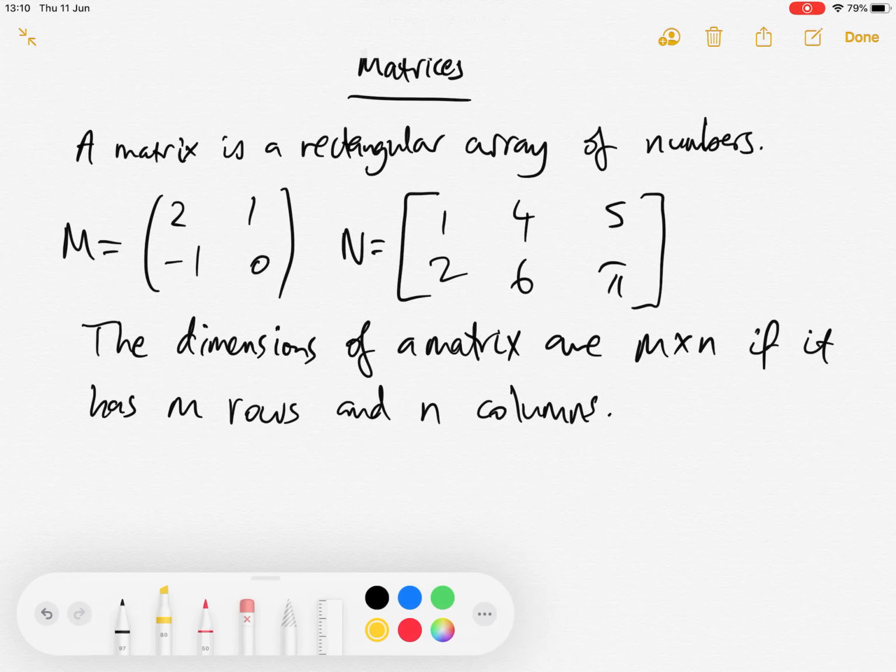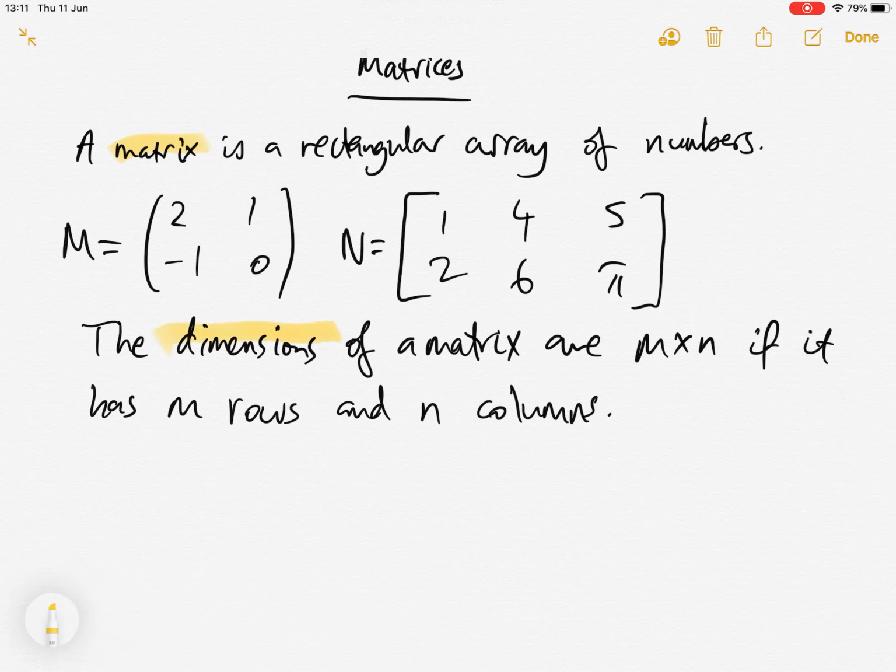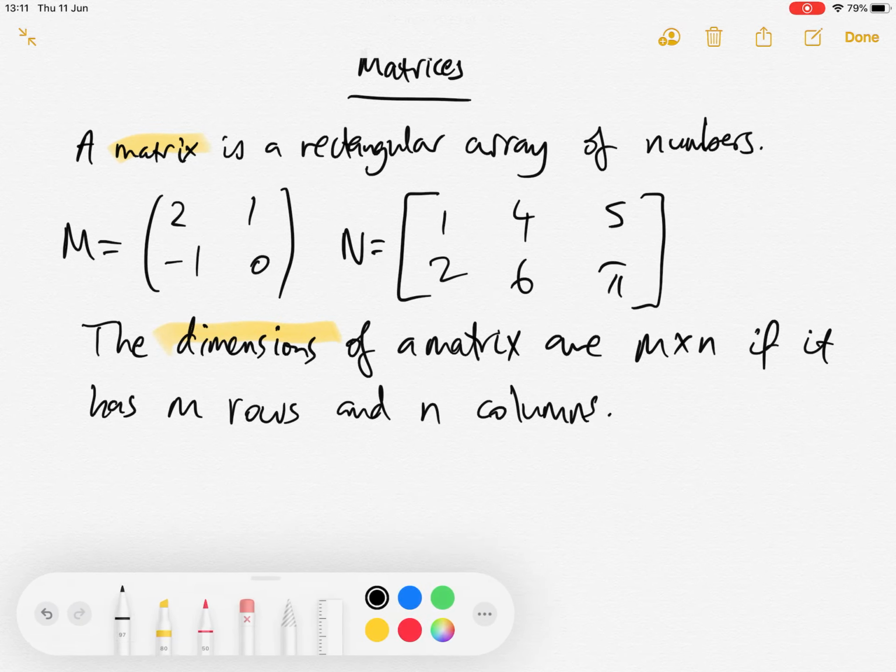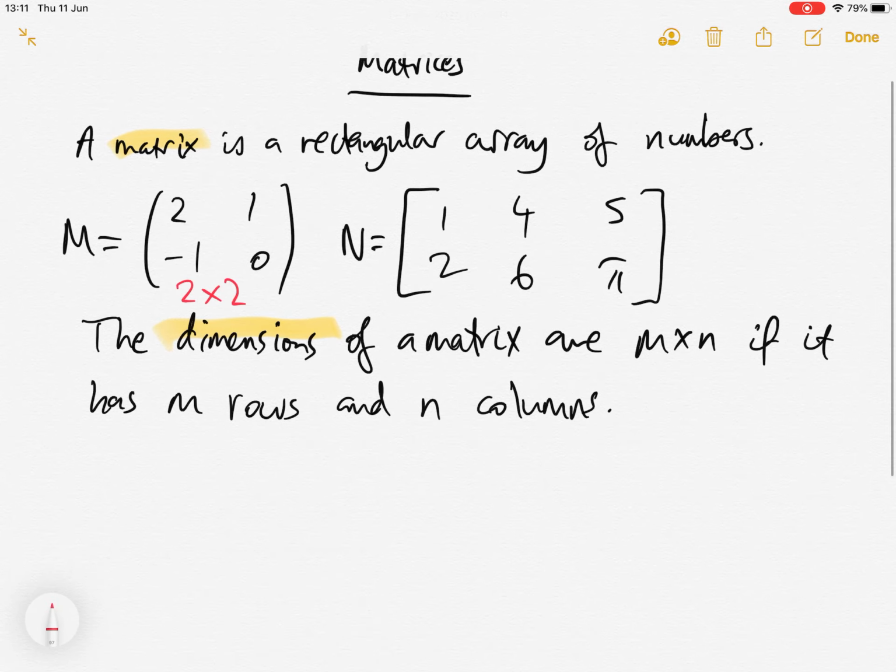So I'll just highlight the words I'm defining. So we can see, just looking at these examples, here M is a 2 by 2 matrix because there are 2 rows and 2 columns, and the matrix N is a 2 by 3 matrix because there are 2 rows and 3 columns.